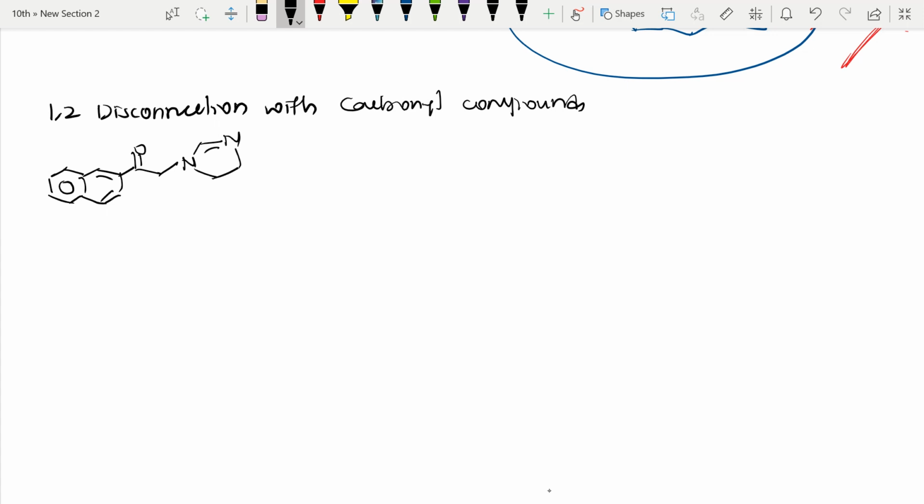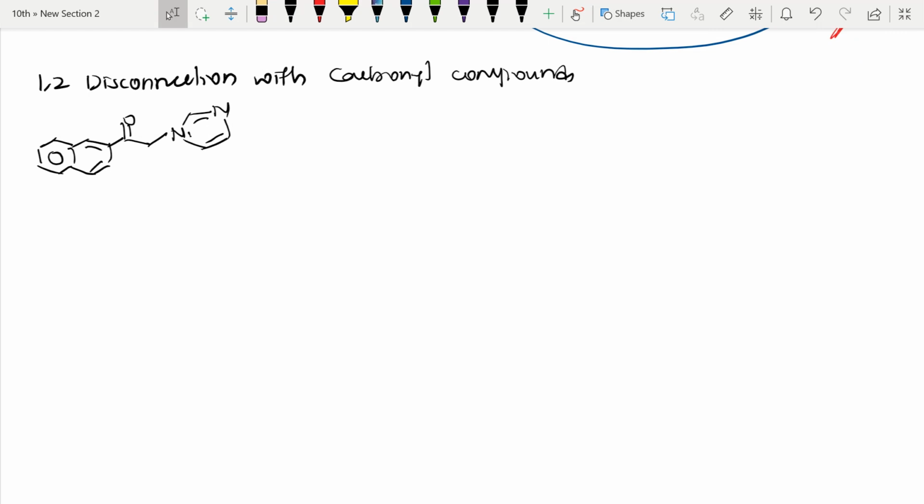Always, how you should number: one should be given to that carbon which contains the carbonyl group or any functional group, I have told. But here, if a carbonyl group is there, one should be given to the carbonyl group, 2 should be given to the next, adjacent carbon, where we can cleave easily.